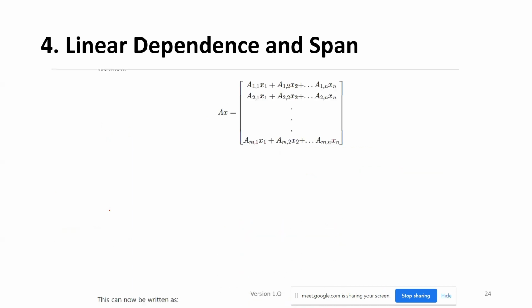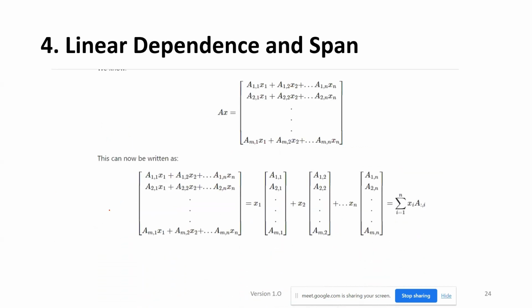So we can represent these dependencies of the matrix in terms of a span. Span means existence: how much of the dependent variables exist in our space. For example, I have a matrix A times x, where A is a matrix and x is a vector, and we multiply them.